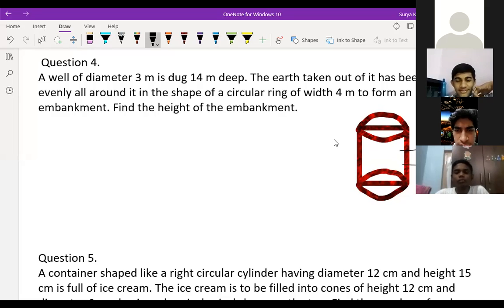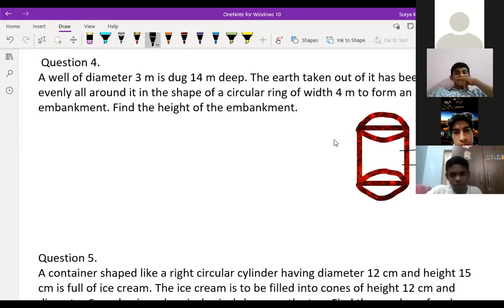The earth taken out of it has spread evenly all around in the shape of a circular ring. Here we are not taking it separately; around this well we are making one circular ring.